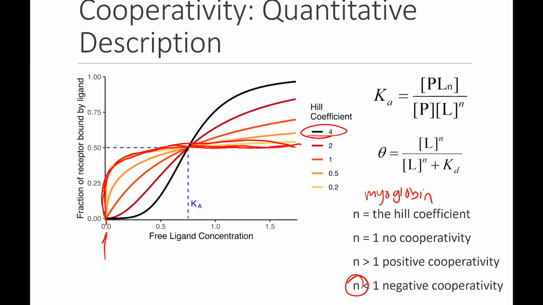So here you have very, very strong binding, even at low ligand concentration. But then you can see that it just peters off at the halfway point. You never have complete binding. That's because of this negative cooperativity, meaning that once binding occurs, you're less likely to bind. Instead, with positive cooperativity, once binding occurs, you're even more likely to bind.